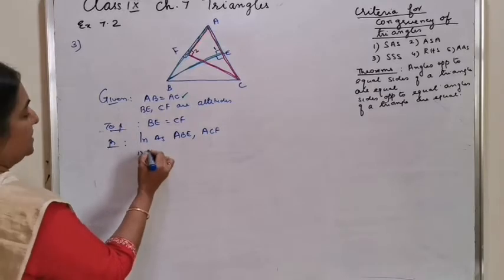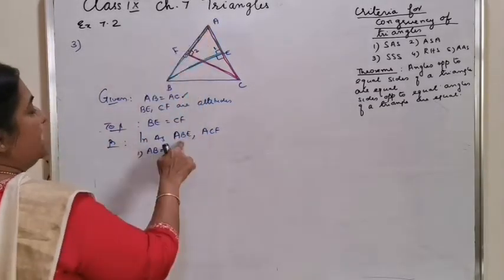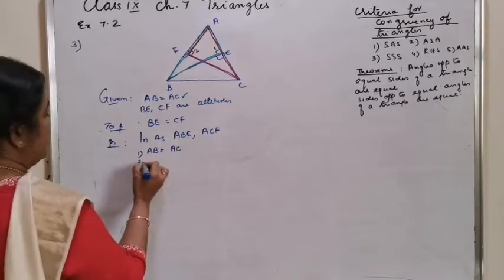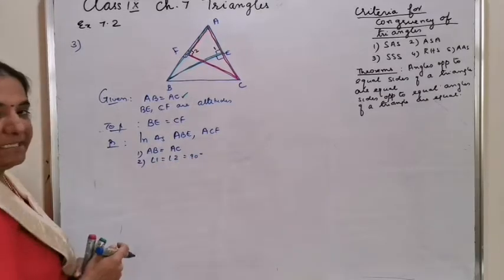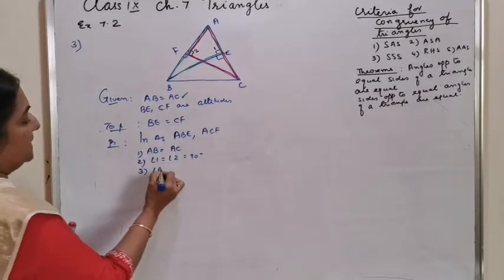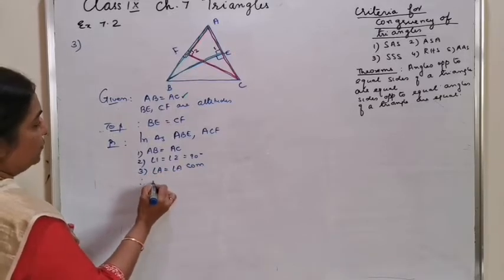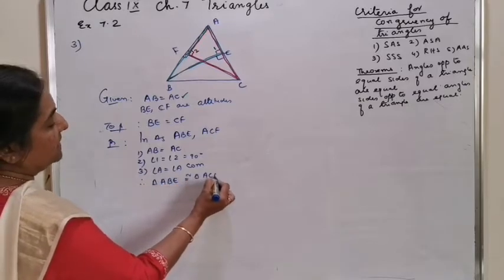The first condition is AB of triangle ABE is equal to AC of triangle ACF. The second condition is angle 1 is equal to angle 2 is equal to 90 degree. And the third condition is angle A is equal to angle A common. Therefore, triangle ABE is congruent to triangle ACF.